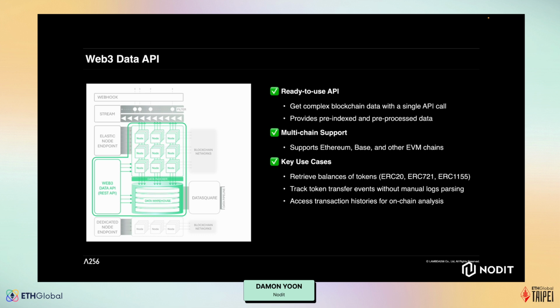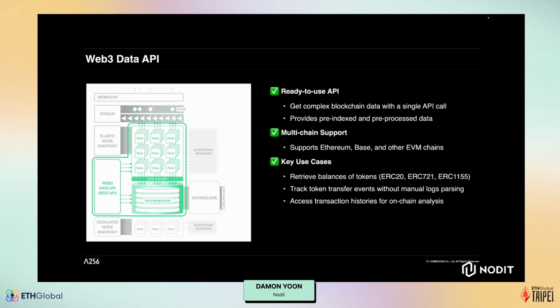Sometimes you need more than just raw data, you need structured data. That's where the Web3 Data API comes in. Standard Node APIs often require multiple calls and extra processing to get useful blockchain data. Web3 Data API simplifies this. It gives you pre-indexed blockchain data in a single call.